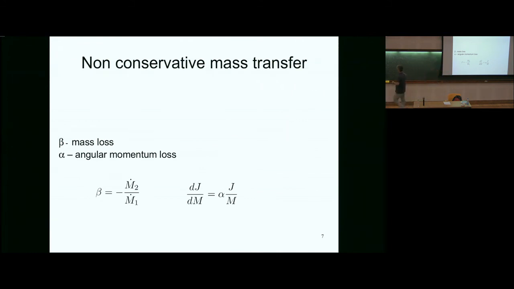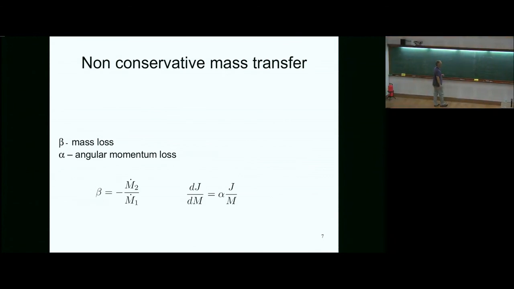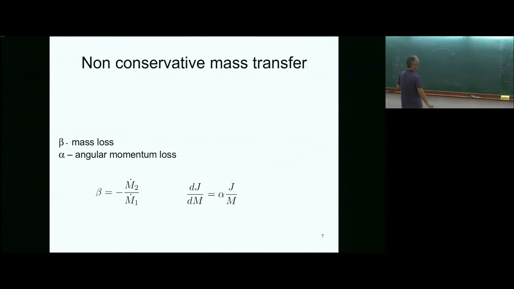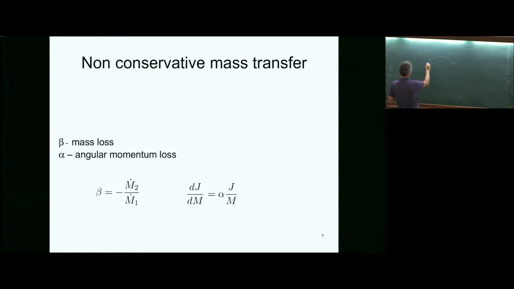So we have the transfer from one star to another, this is M1, M2, and part of it flows away. And the part that flows away also carries away some specific angular momentum. So the fraction of the angular momentum that is removed from the system can be parameterized by alpha.